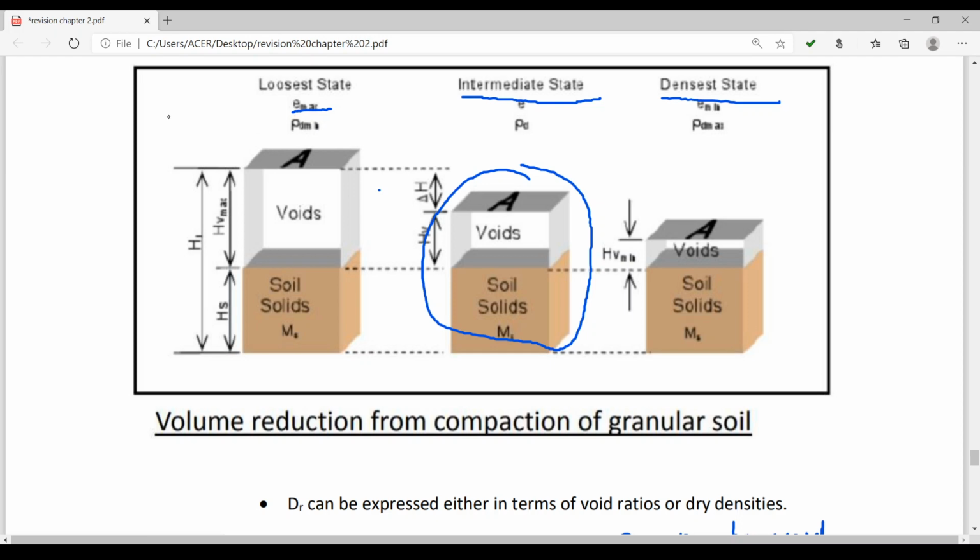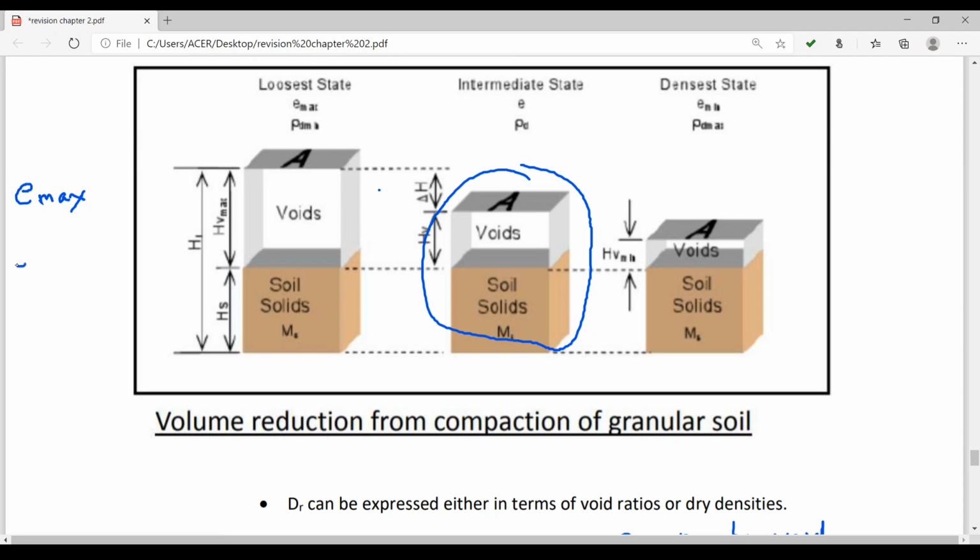So, punta tayo dito. If you can see this one, sa loosest state, doon mo makukuha yung Emax mo. Bakit ba? Dahil sa loosest state, yun po yung pinakamaraming voids.